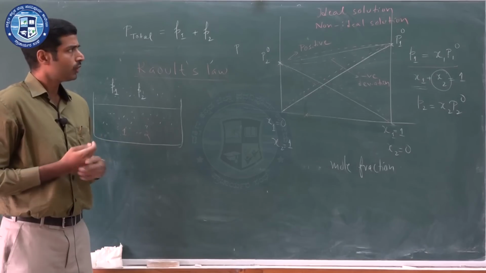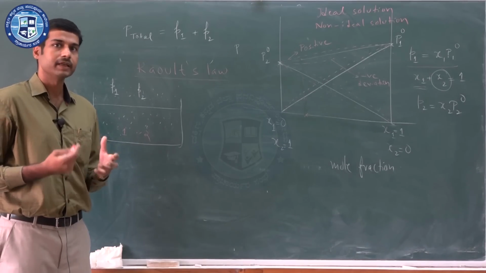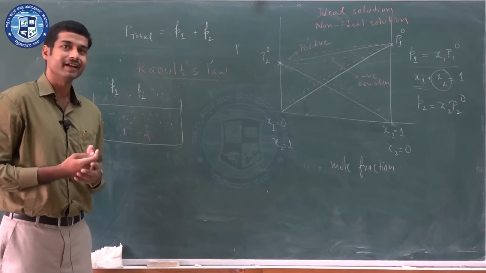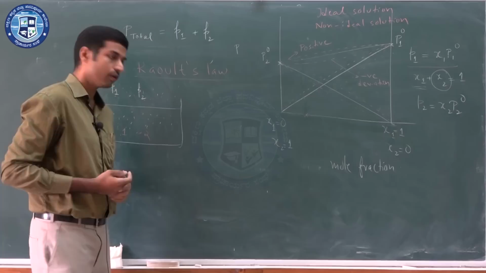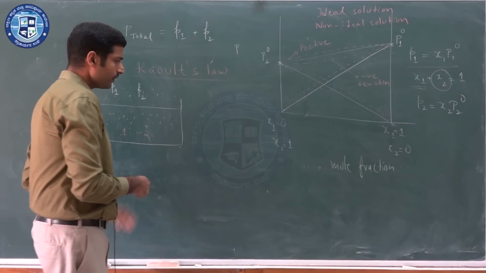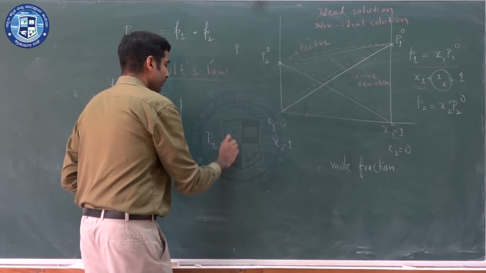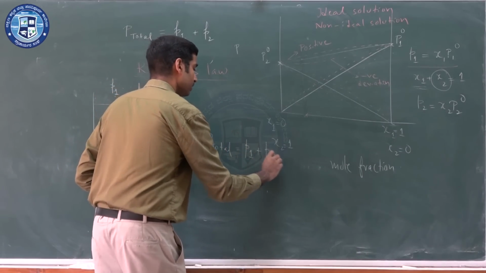We will go through ideal solutions and non-ideal solutions in detail, but then let us try to understand how we can relate the total vapor pressure with mole fraction of any of the components using Raoult's law. Let me assume P total now on the basis of what I have explained.